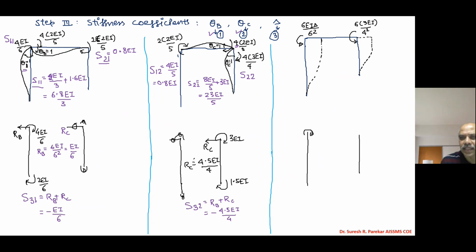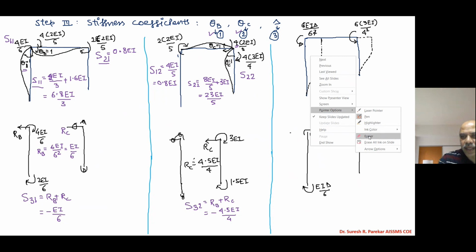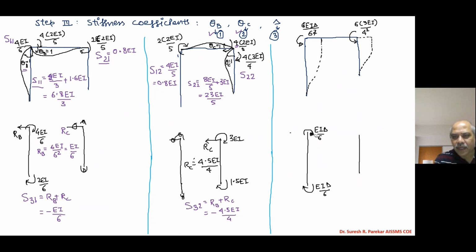Now this 6 gets cancelled, so it will be EI delta by 6. This also we have EI delta by 6. And then this we have anti-clockwise. So we'll just draw the arrow because this arrow is anti-clockwise.